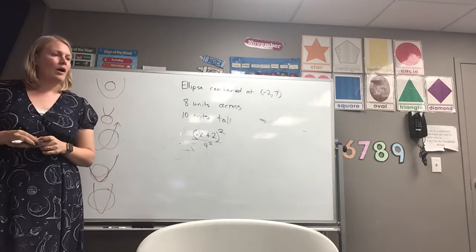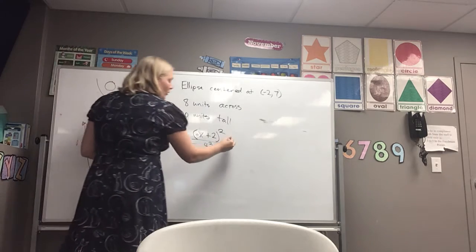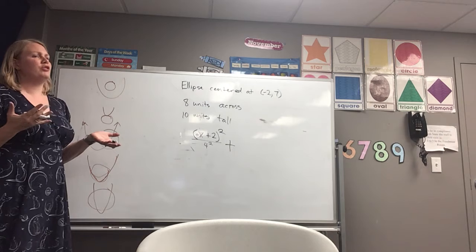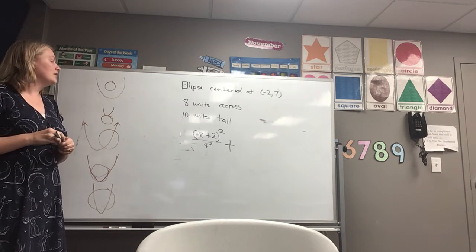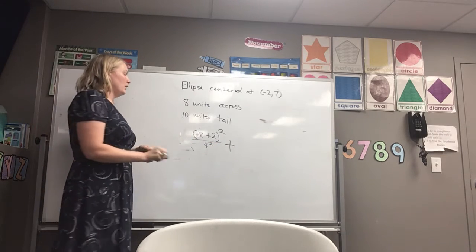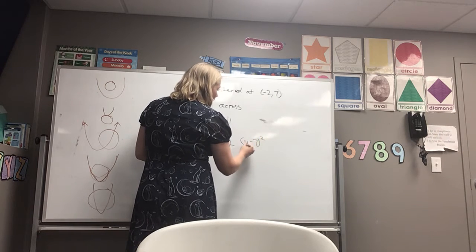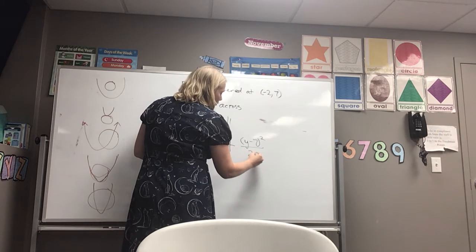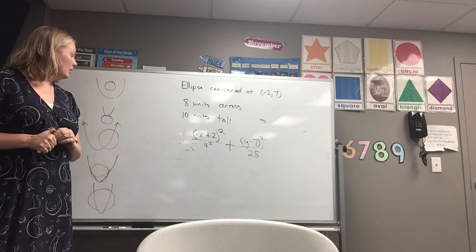It depends on how they give you the answer looking through the multiple choice. Again, ellipses always have the plus in between the 2 of them. They will throw the options of minus at you, even though we don't really do hyperbolas. They will offer it in the multiple choice options, so make sure you have plus in between the 2 of them. And then we'd have y minus 7 squared, again, half of 10, and then squared 25, or 5 squared, depending on how they present the answer.